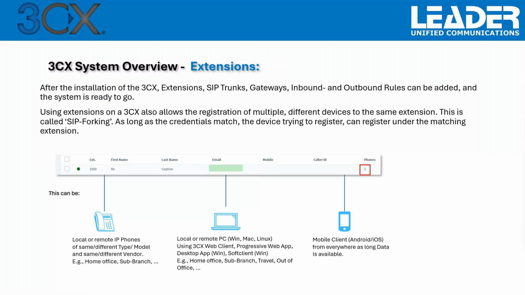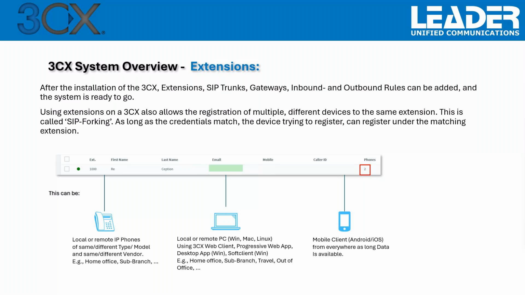Now, after the installation of 3CX, extensions, SIP trunks, gateways, inbound and outbound rules can be added and the system is ready to go. Using extensions in 3CX also allows the registration of multiple different devices to the same extension. This is called SIP forking. As long as the credentials match, the device trying to register can register under the matching extension.